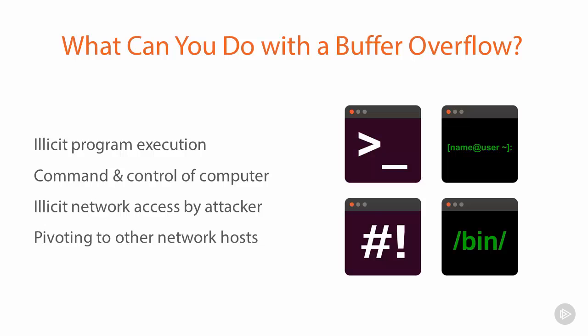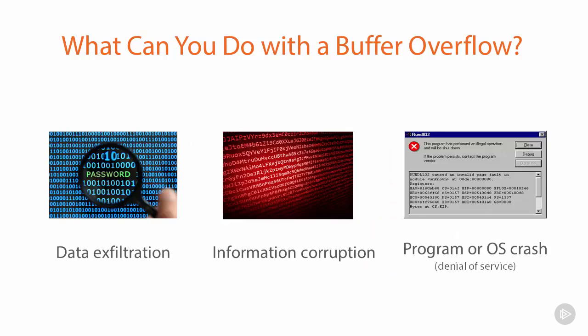Buffer overflows can also provide access that leads to the theft of information or overwriting data in memory, causing data to be destroyed or replaced by other data. This data corruption may cause a program to return incorrect data or alter how the program runs. Buffer overflows are also a convenient way to cause a program or operating system to become unstable in its operation and possibly crash, resulting in a successful denial of service attack. So what can you possibly do with a buffer overflow condition? Seems like there's a lot, really.